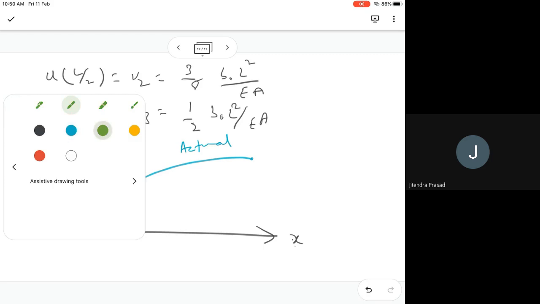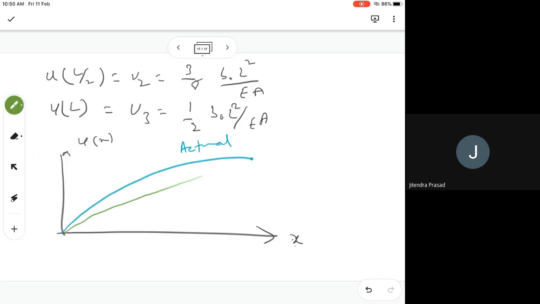Then you have this one, which is the one two noded element.